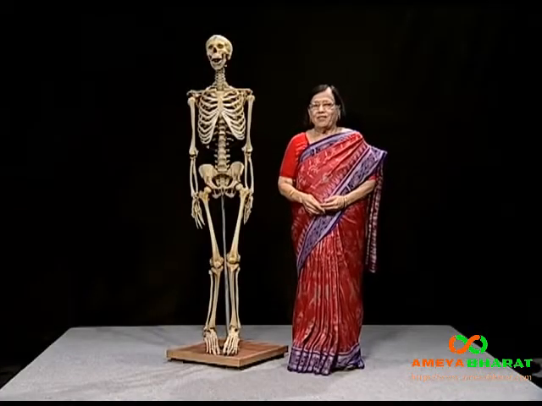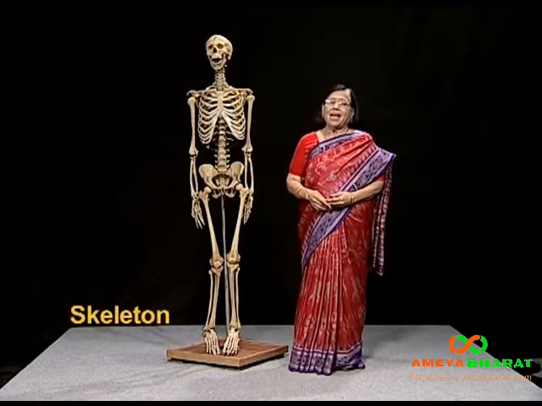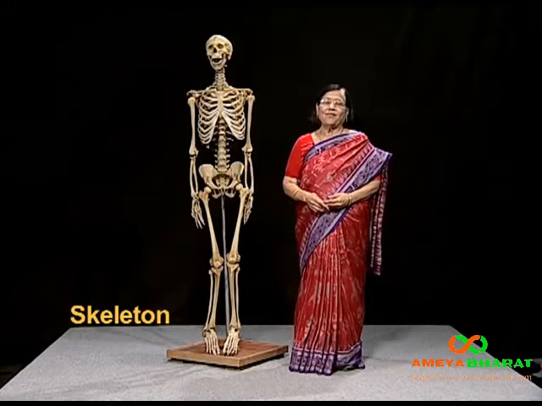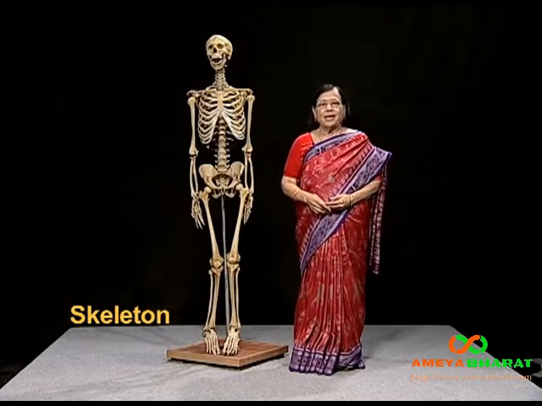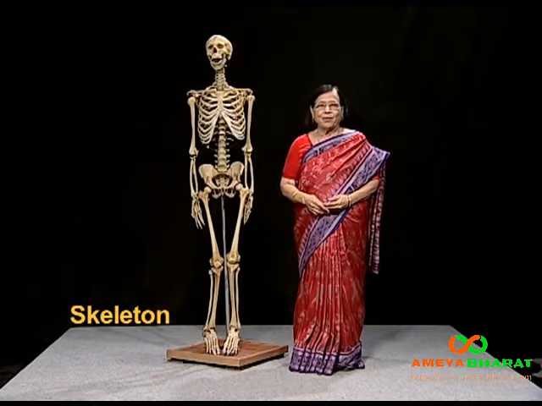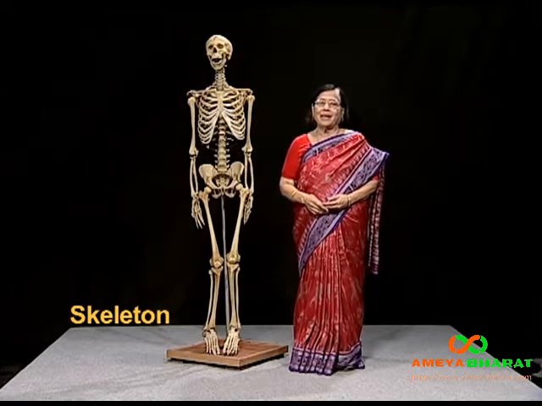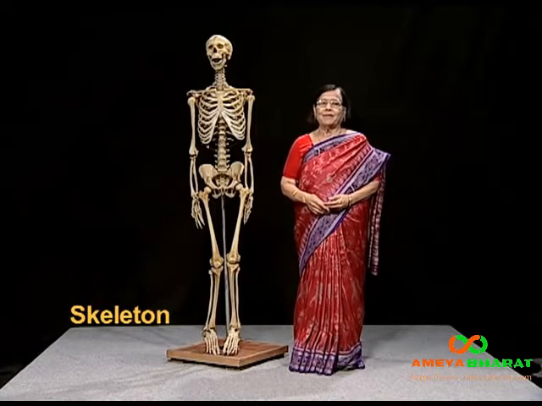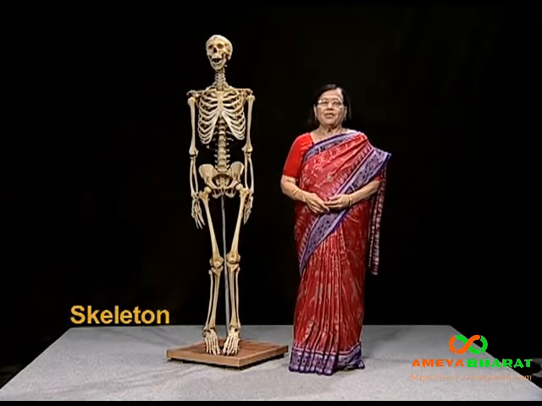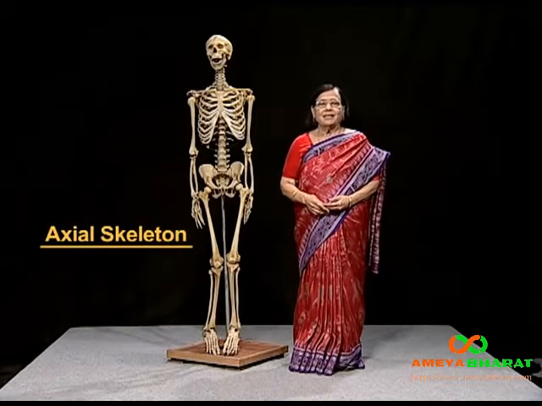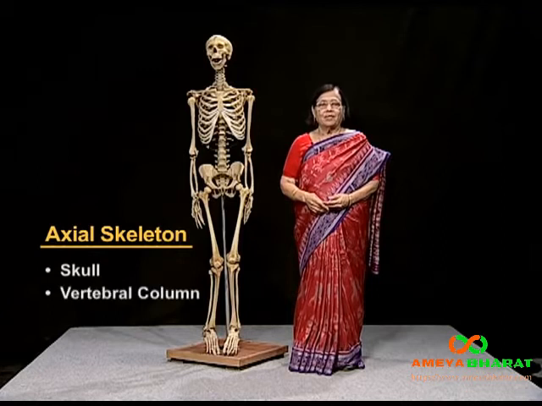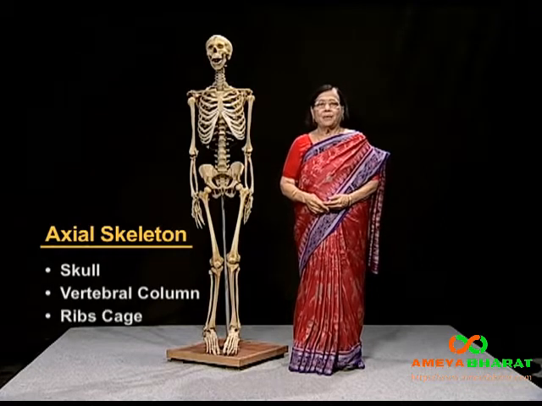Children, we have reached near the skeleton and I am quite excited to see all the bones in one go. I am sure you are equally interested to know about the placement of these bones in our body, which we are going to discuss along with this skeleton. As you know, there are 2 main divisions of the skeleton: axial skeleton, in which come the skull, the vertebral column and the rib cage.